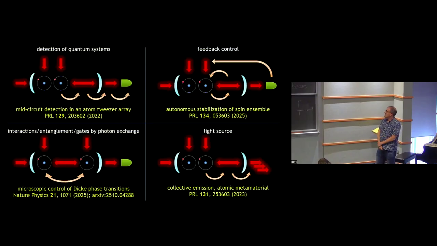The cavity QED system is also a way to mediate interactions between quantum emitters. We can orchestrate a situation where the light emitted by one quantum system is rather deterministically absorbed by a second quantum system. And as such, the photon that's exchanged between them mediates a force or an interaction.